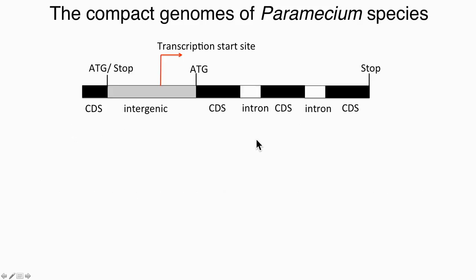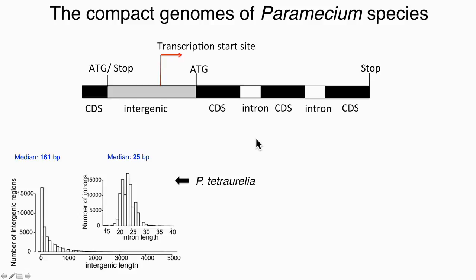So the macronuclear genomes of Paramecium species are highly compact. For instance, in the aurelias, the median intergenic length is about 161 base pairs, and the median intron length is 25 base pairs.